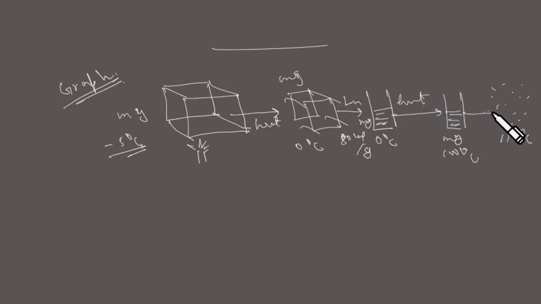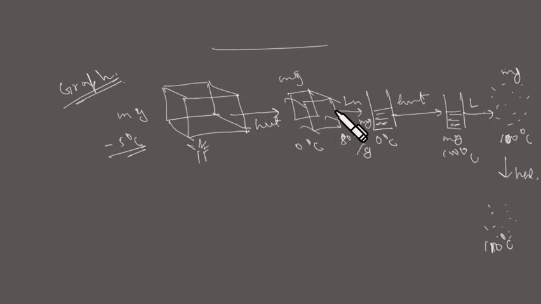And then from 100 degrees Celsius water to 100 degrees Celsius vapor, m gram of vapor, which again needs latent heat, and from 100 degrees Celsius gas to 110 degrees Celsius vapor, again we need some heat here.